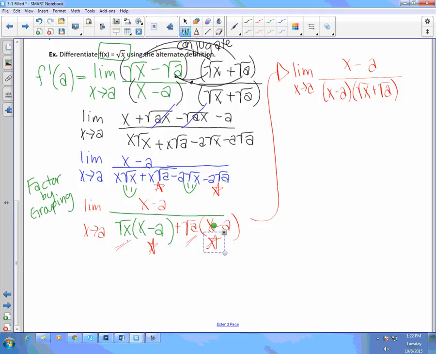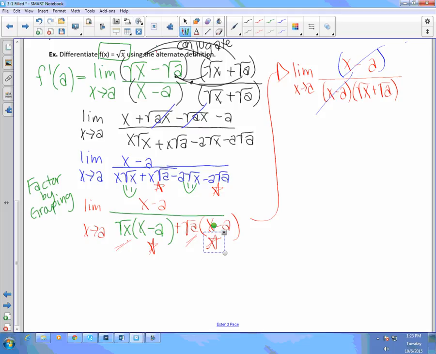So it's not a denominator of 0. Can you see what's happening? What will cross out? The x minus a. That's the whole point of factoring.